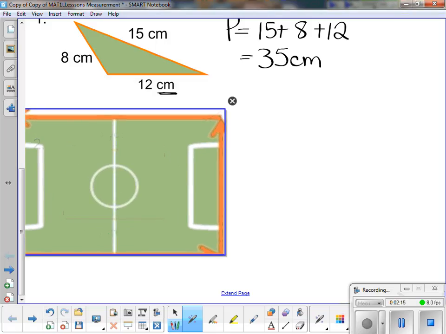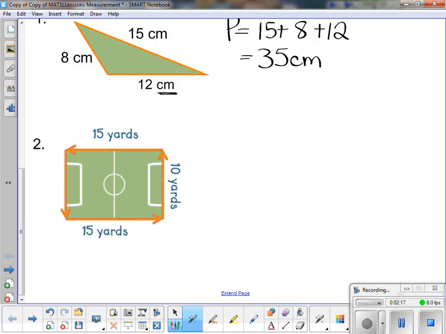If I look at my distance around, I do know that I have 15 here, I have 10, I have another 15, but for some reason I do not know this measurement over here. But you really do, because you know it's a rectangle. So that means that this side does equal this side, so that means that that is 10.